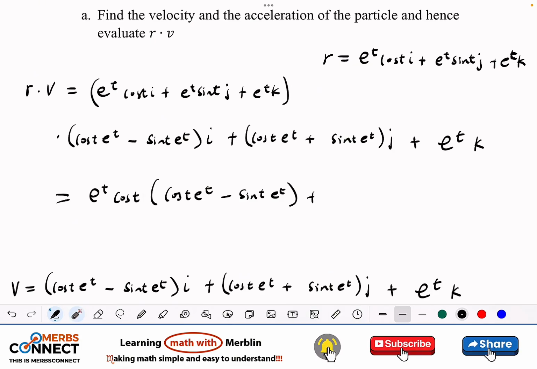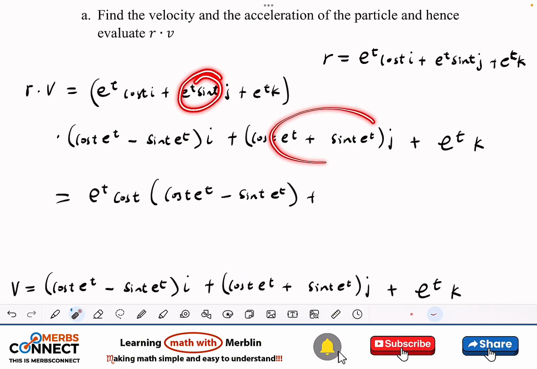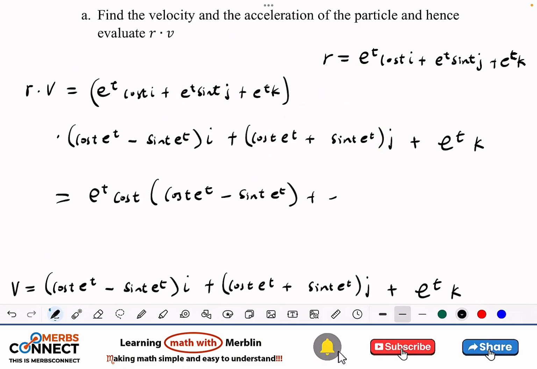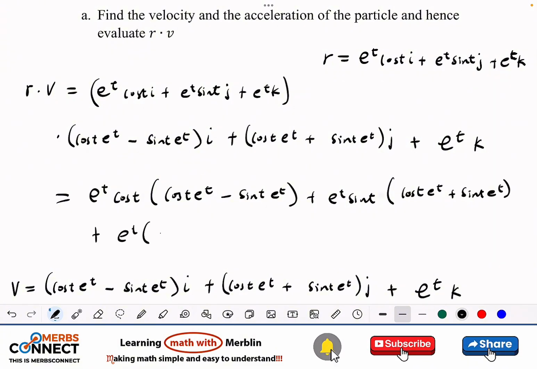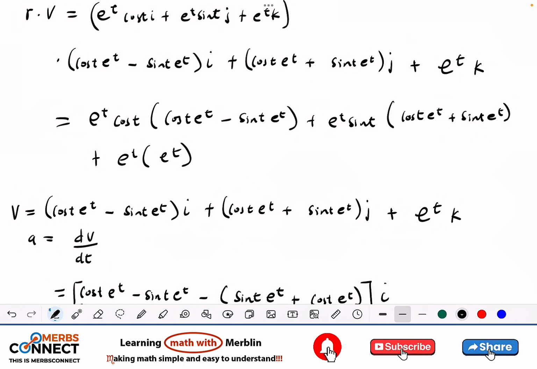Plus, then this guy will multiply the whole of this. So I'm going to have e^t sin t, open bracket, cos t e^t plus sin t e^t. Then the last one will be plus e^t times e^t. So that's what I'm going to get.